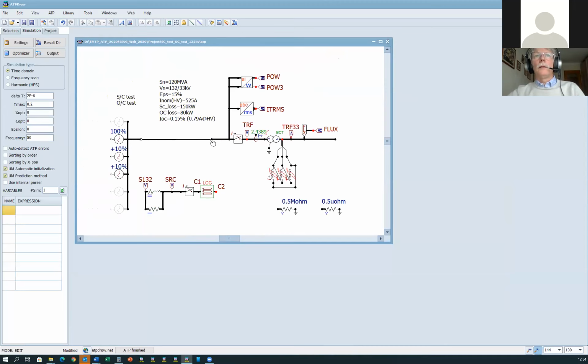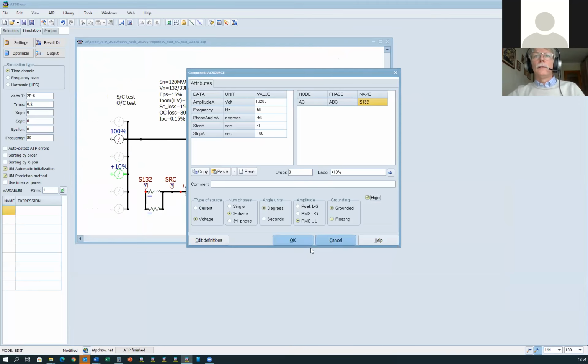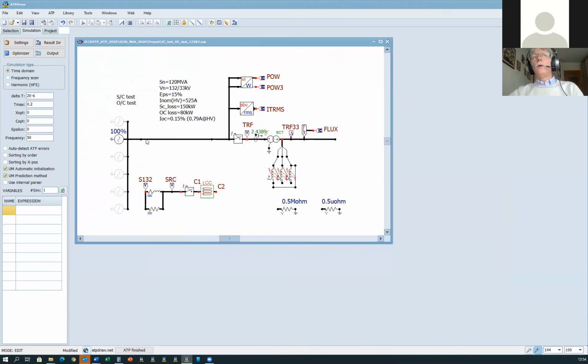If you apply a short circuit here and disconnect these voltage sources, now you have an excitation test at 100% voltage. And the transformer operates in no load condition. So we expect a current to be equal to the nominal no load current.